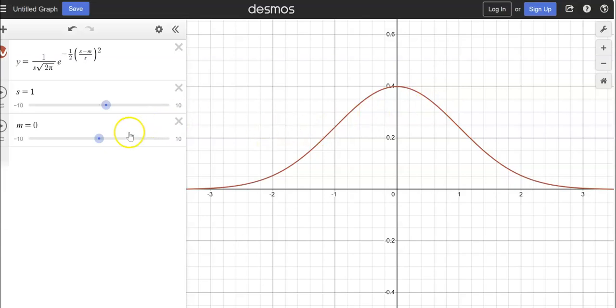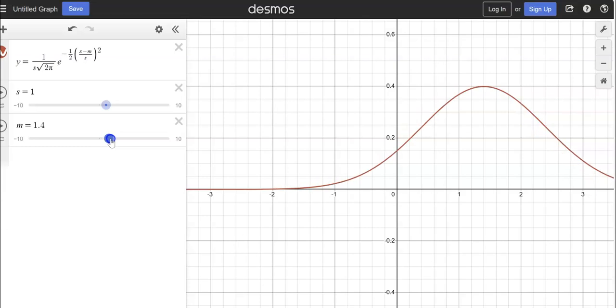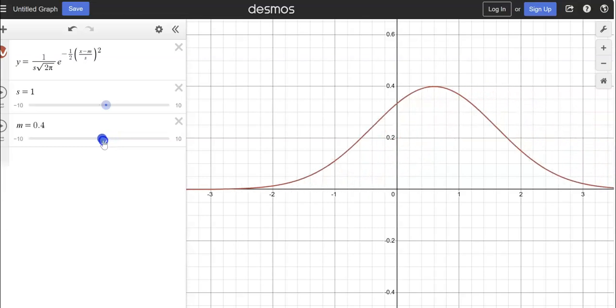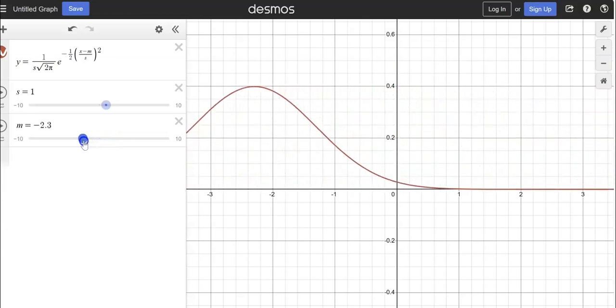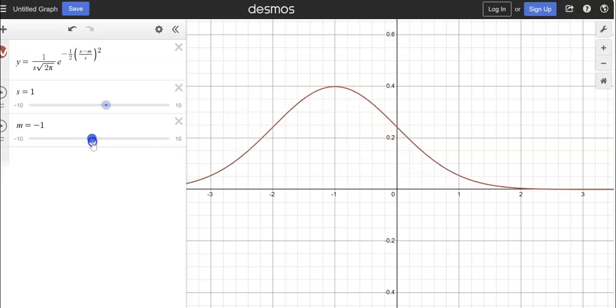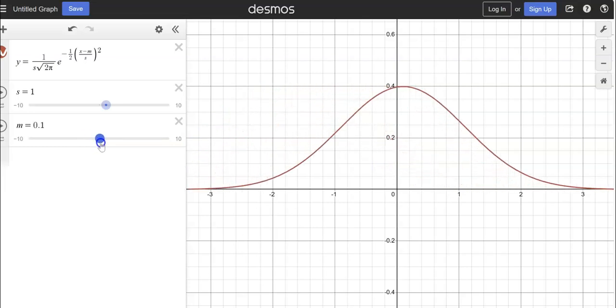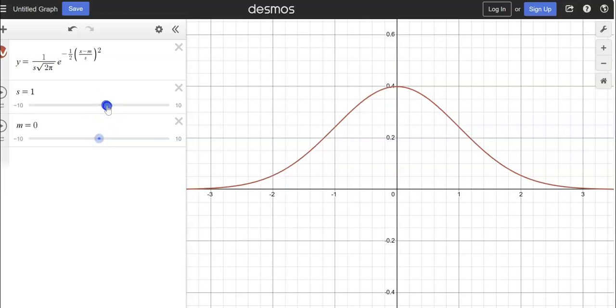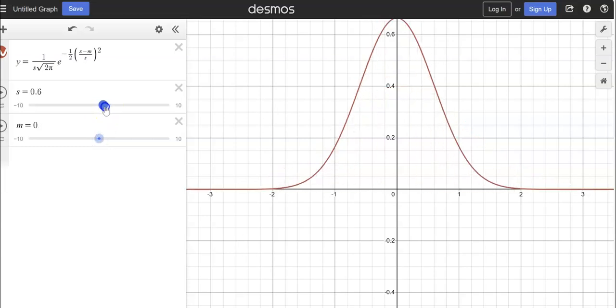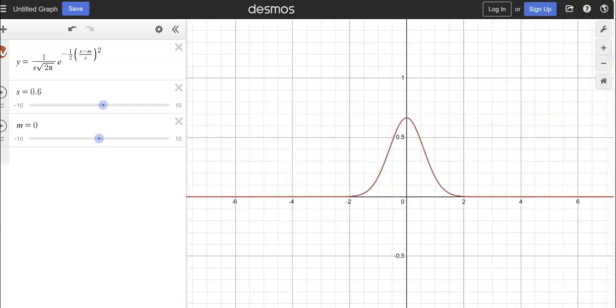Now, notice that if my mean changes, I'm still going to be normally distributed. It's really just shifting everything left and right. And if I were to change my standard deviation, let's go back to 0 here. If I change my standard deviation, notice it changes that spread. I'm going to zoom a little bit so we can see that better.